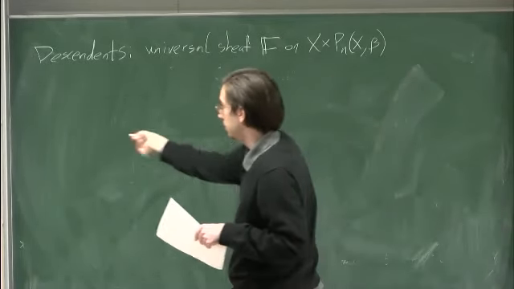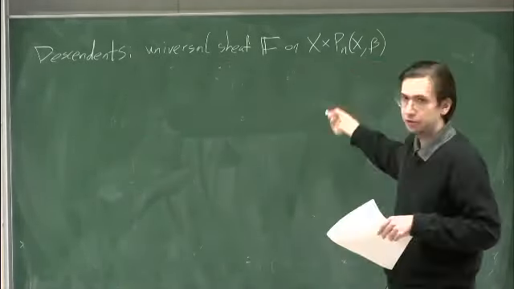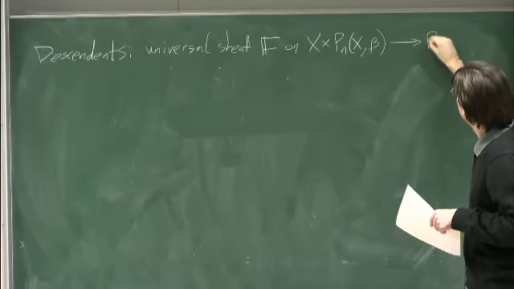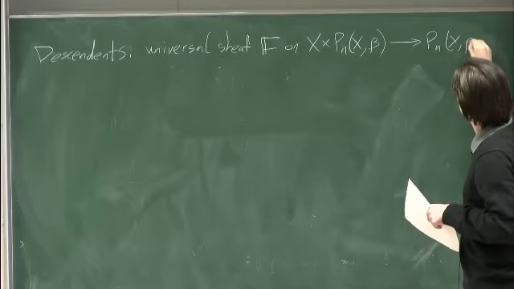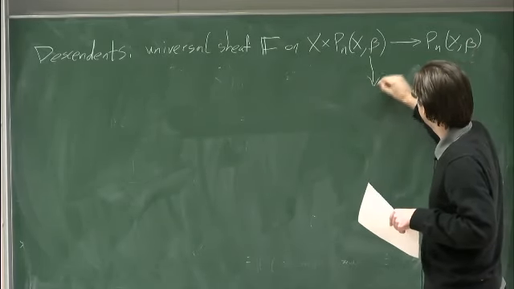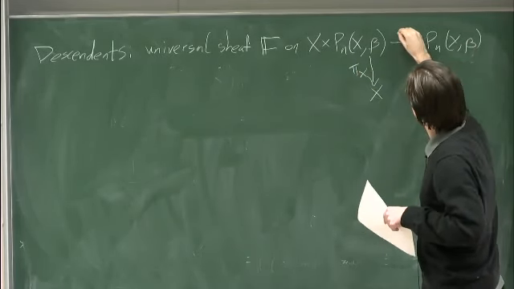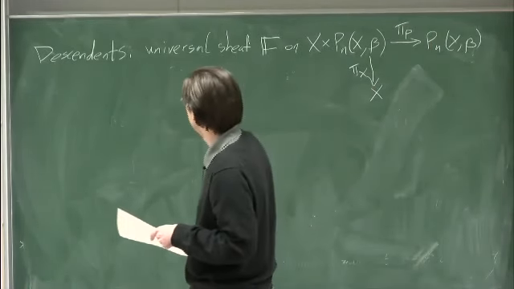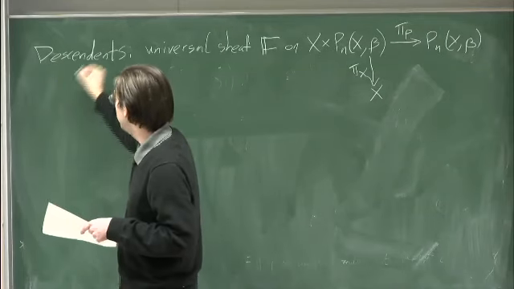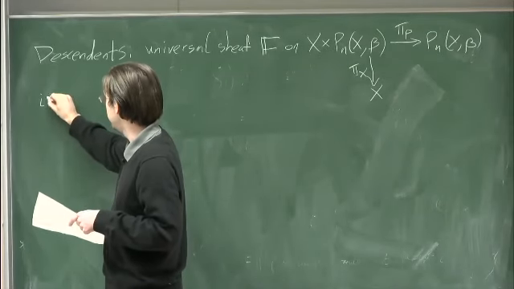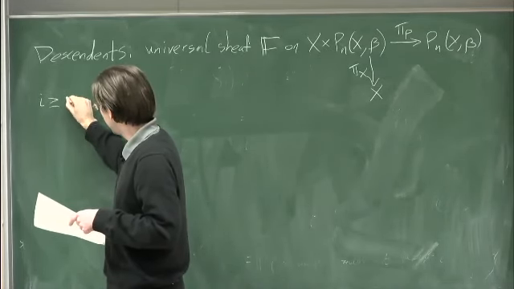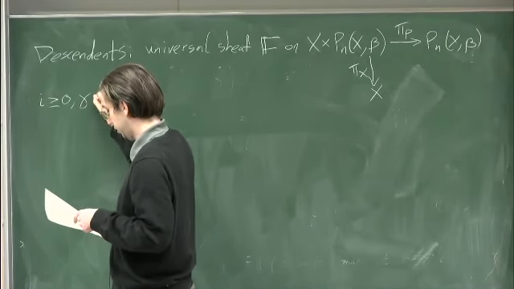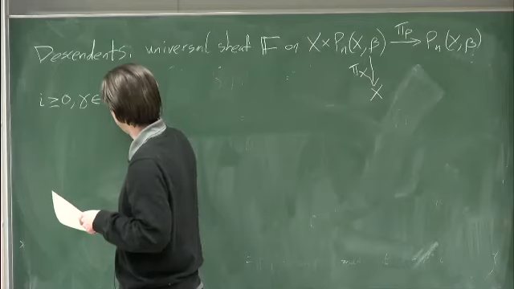But since we're actually working on P_n(X, beta), not the product, we have to do a little dance with pulling things back and pushing things forward along these two projection maps here. So the data parameterizing these descendants are, you have some non-negative integer i and a cohomology class gamma on X.